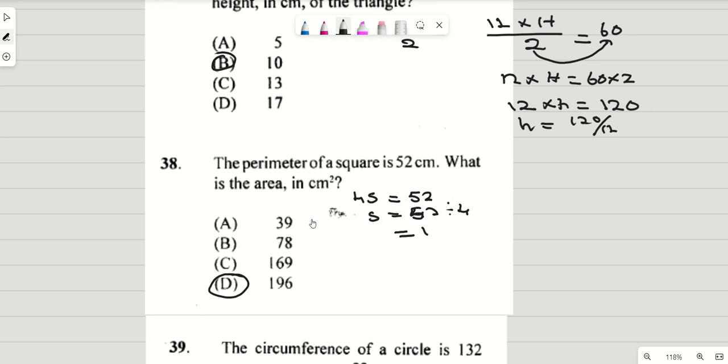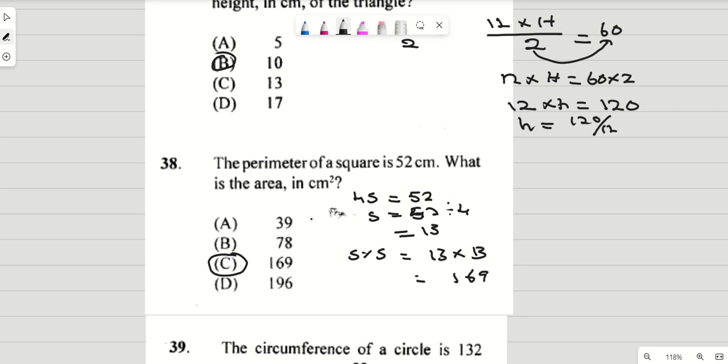Hold on, no, my bad, this is something different. 52 divided by 4 is actually 13. So side times side would be 13 times 13, which is my area, equal to 169. 196, they changed it up. So this is 169.